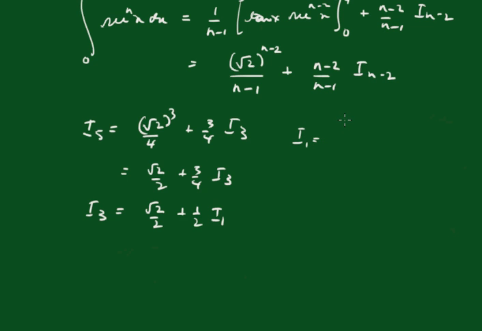Now I1 equals the integral of sec x dx between pi upon 4 and 0. Now, there's a neat way of doing this. You can multiply top and bottom, or numerator and denominator, by sec x plus tan x.